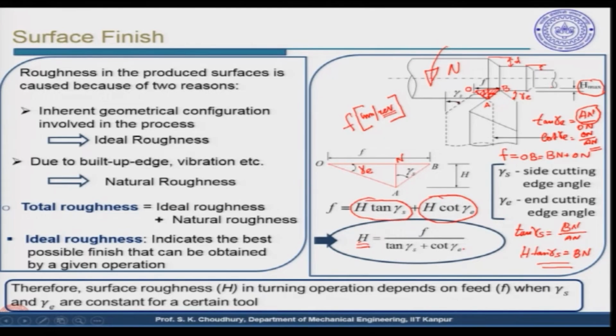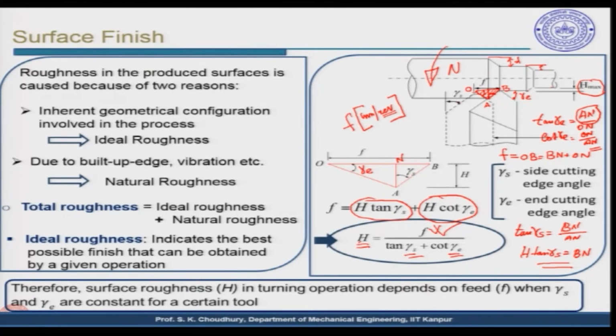This is important, because if we are having the turning process with a sharp tool, then this is how we can control the surface roughness. The surface roughness basically depends on the feed, because these are inherent: we have selected a particular tool where gamma s and gamma e are fixed.